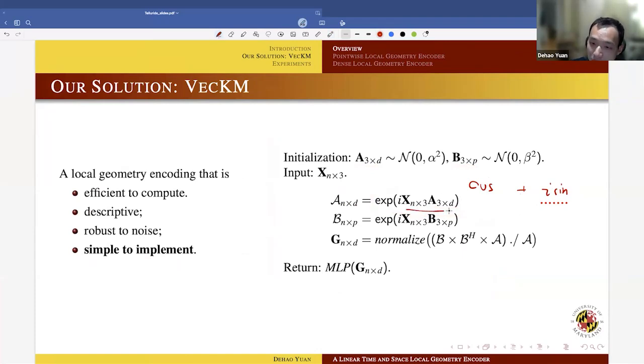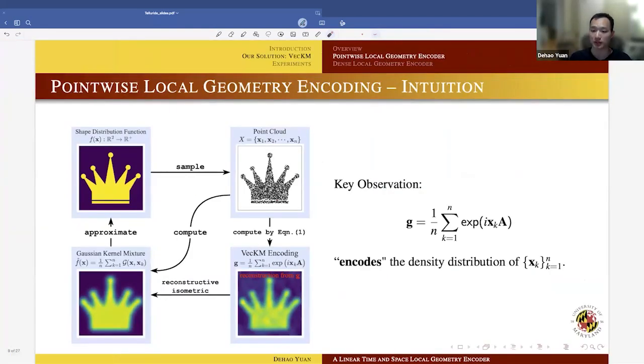So you compute this matrix, and then you put it here, and then here. This is a very quick operation. You get x multiplied with A, x multiplied with B, and then you do this operation. And finally, the local geometry encoding is just this simple matrix multiplication. I will introduce later why it would be so simple.